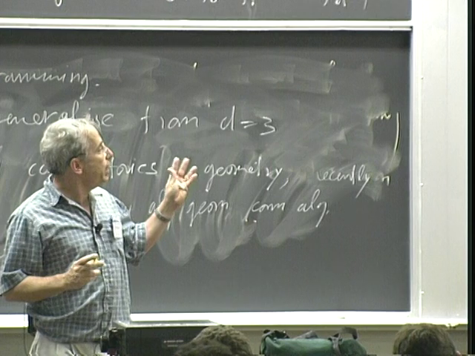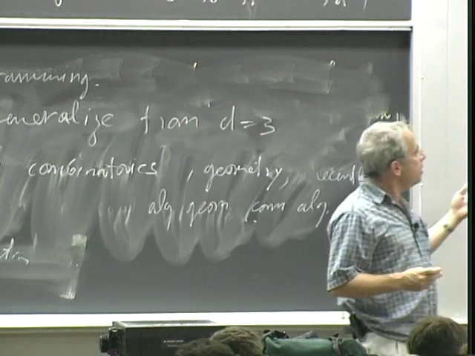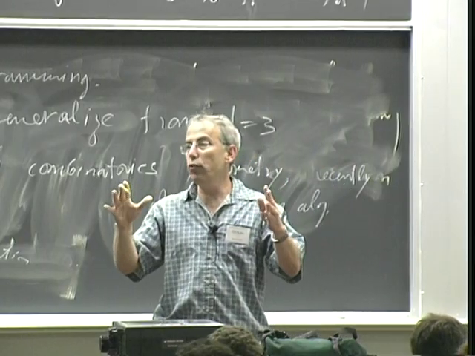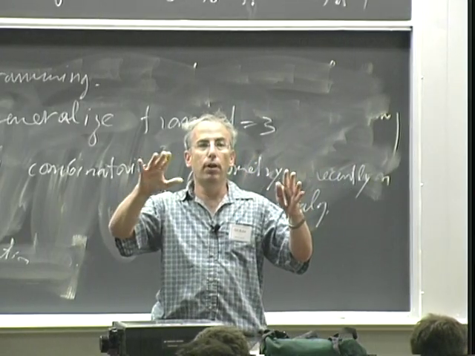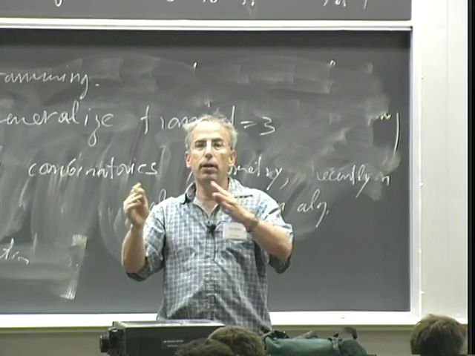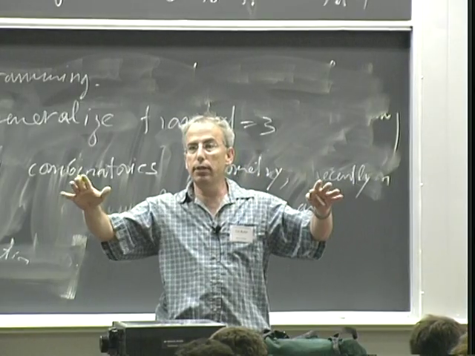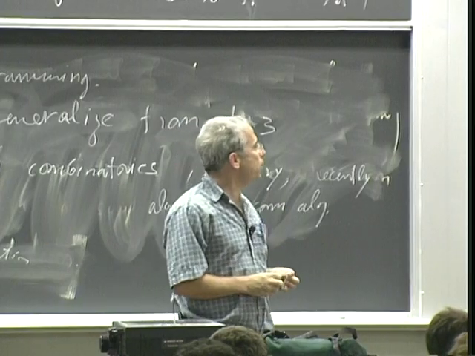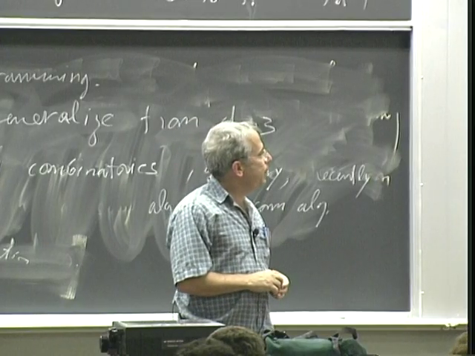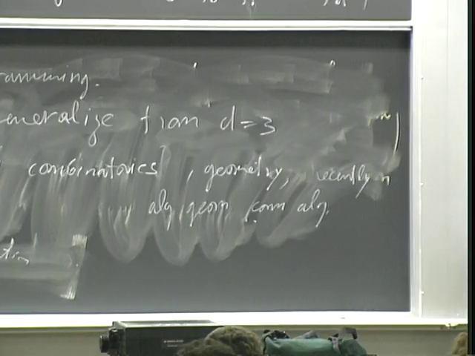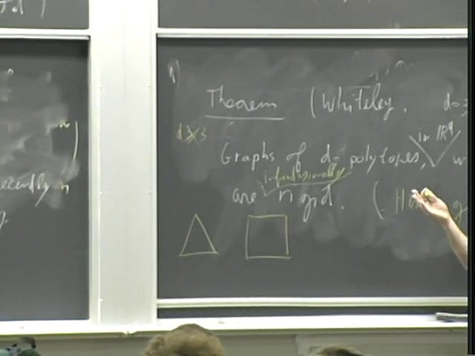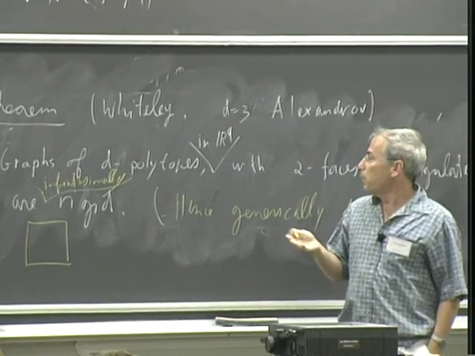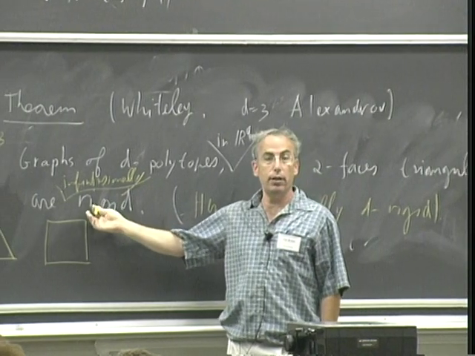In any case, Whiteley proved it, and Alexandrov proved it for D equals 3, and this is all based on the famous theorem of Cauchy that 3-dimensional polytopes are rigid. If you have a 3-dimensional polytope and you perturb it, or even move it such that the 2-dimensional faces are kept rigid, then the only thing you can do is a rigid motion. Now, strictly speaking, this is not a theorem in the combinatorial theory of convex polytopes because the conclusion is geometric.